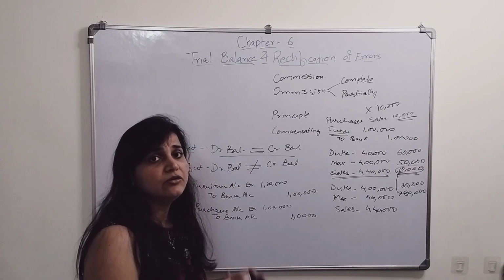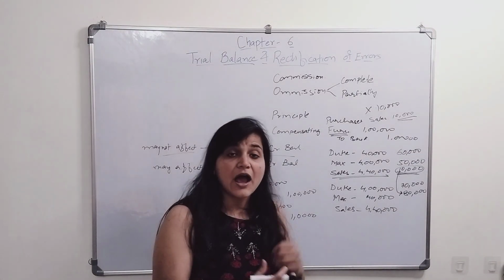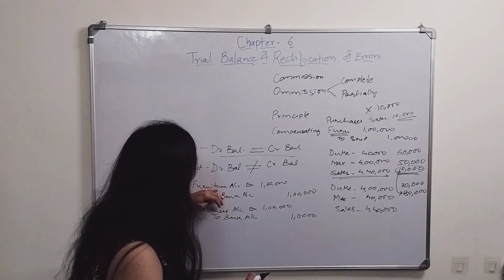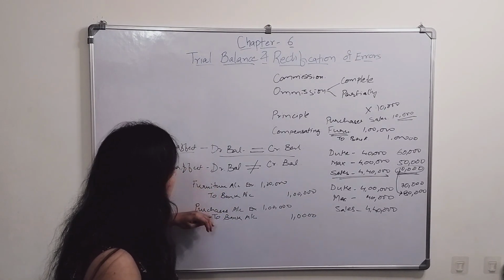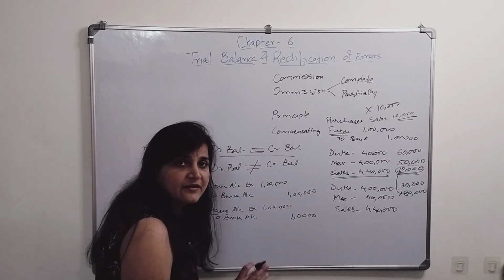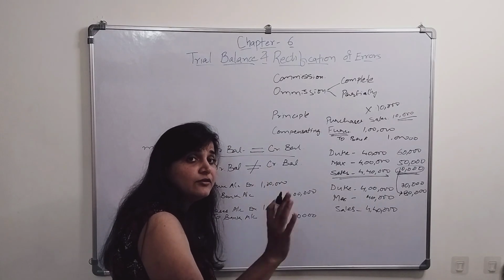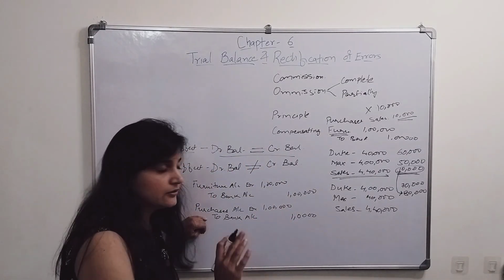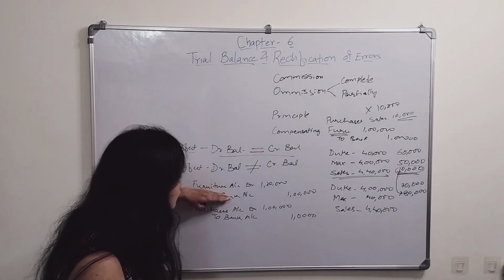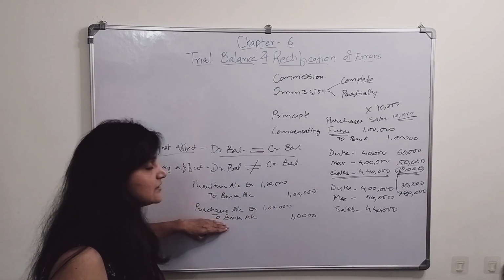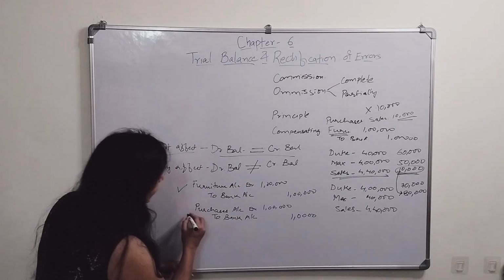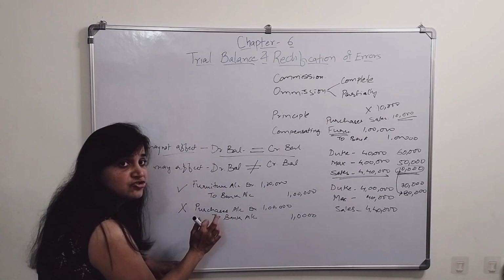What I need to do now is rectify it. How will I rectify it? The bank account is the same. What mistake have I done? Instead of the furniture account, I have debited the purchase account. What do I need to do? I need to debit the furniture account and I need to credit the purchases account. This should be the entry. This should be the correct entry. I have passed the entry which is wrong.